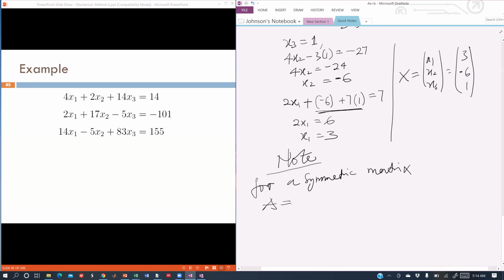if we decompose a symmetric matrix using the Doolittle approach, we are going to have the L of the Doolittle times the upper of the Doolittle after the decomposition. Because I'm going to use Gaussian elimination, we all know that Gaussian elimination is more or less a Doolittle approach, as we saw in our previous discussion.